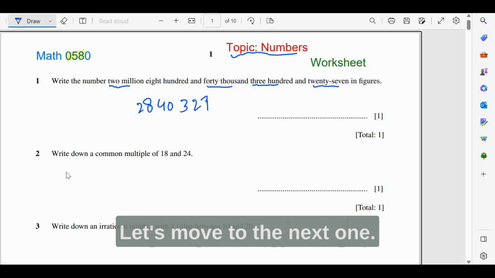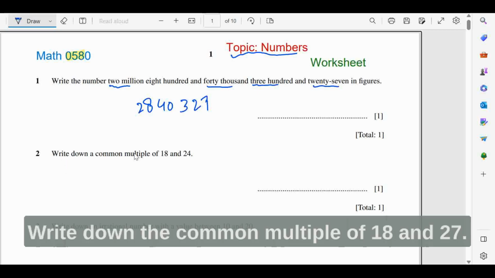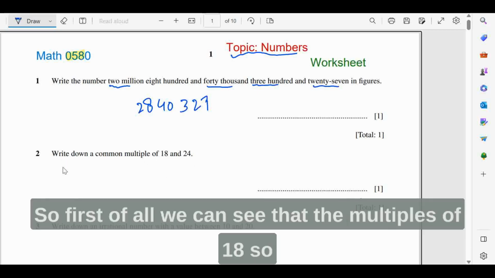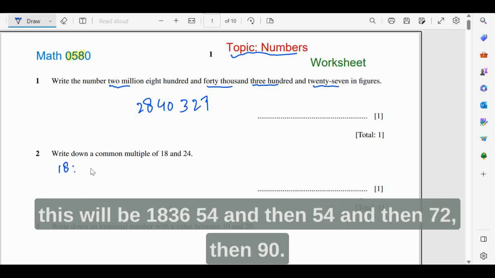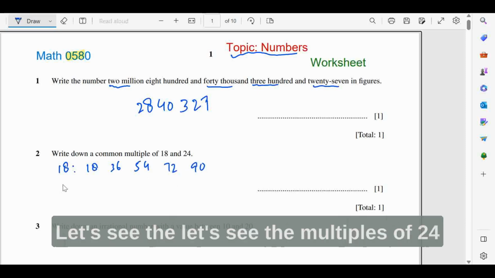Let's move to the next one. Write down the common multiple of 18 and 27. First of all, we can see the multiples of 18. So this will be 18, 36, 54, 72, 90. Let's see the multiples of 24.